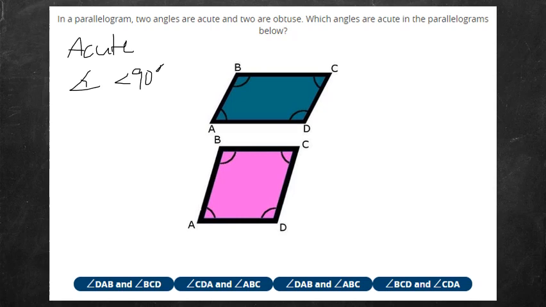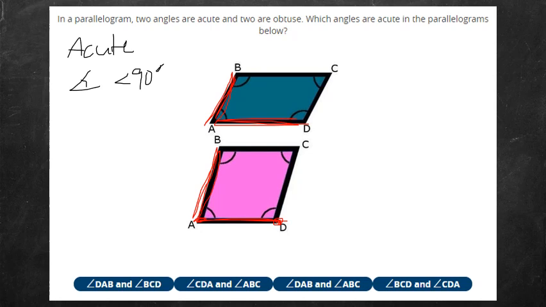All right, let's look at angle DAB. Where is angle DAB? Well, here's D, there's A, there's B. And the same for this one. Are those angles acute? Yes, because I know that acute angles are small angles. They measure less than 90 degrees.